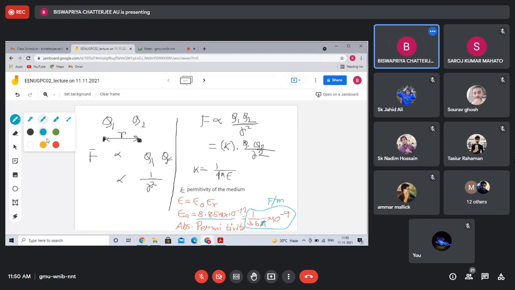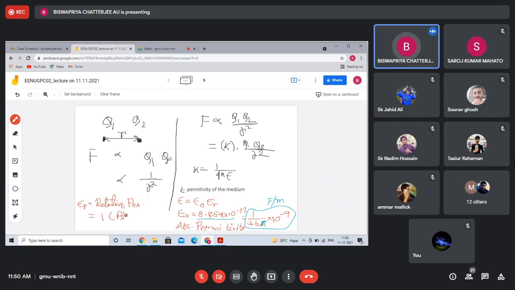And epsilon r is nothing but relative permittivity, and it is equal to 1 for air.